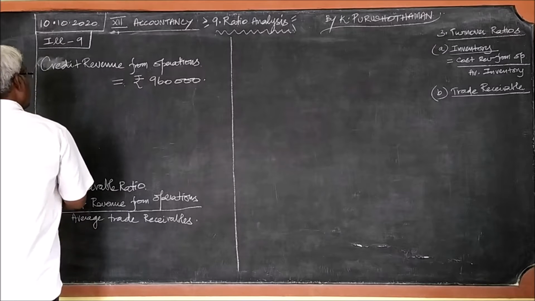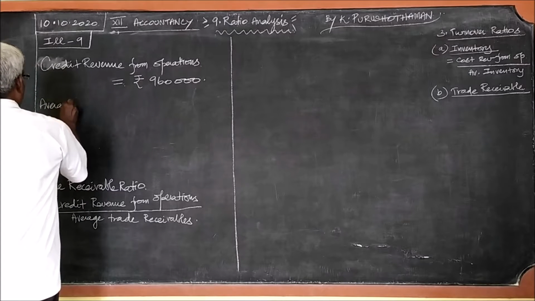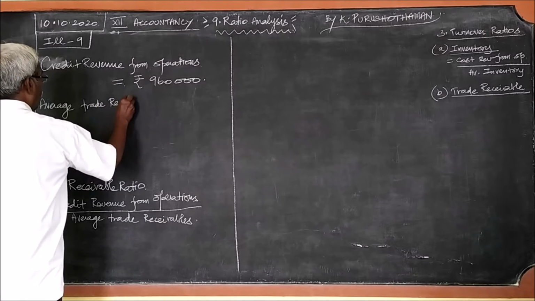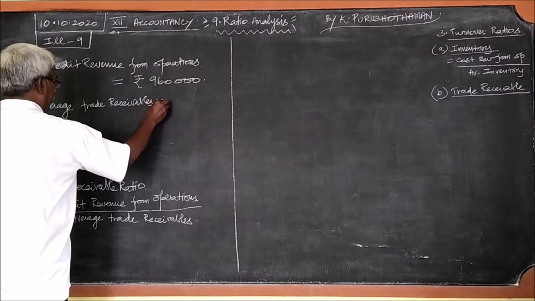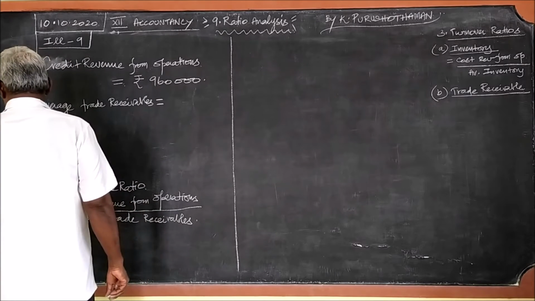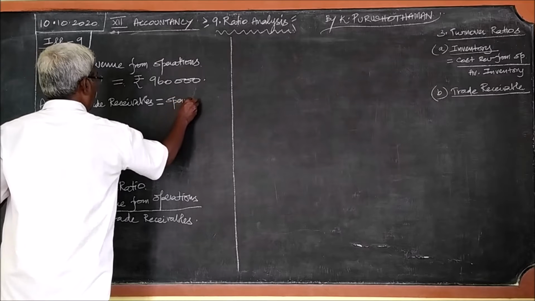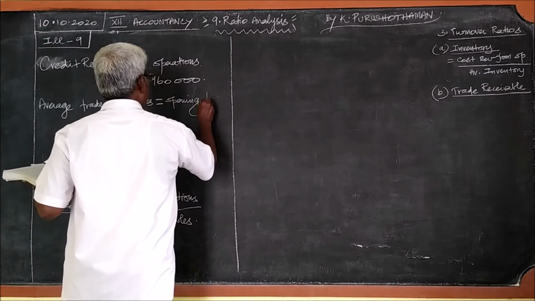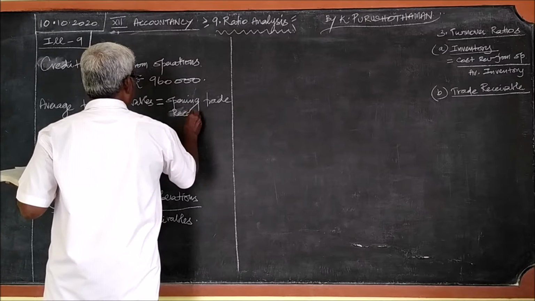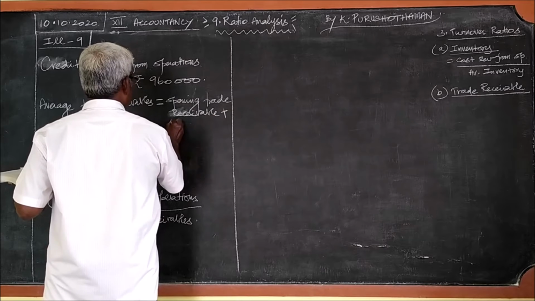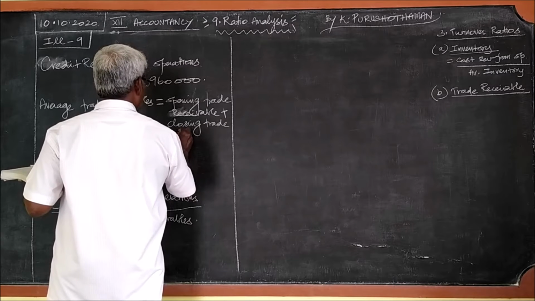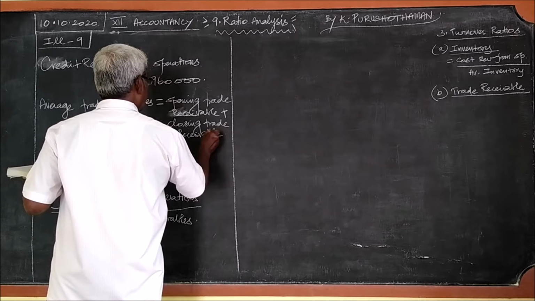And what about the denominator? Average trade receivables is equal to opening trade receivable plus closing trade receivable by 2.